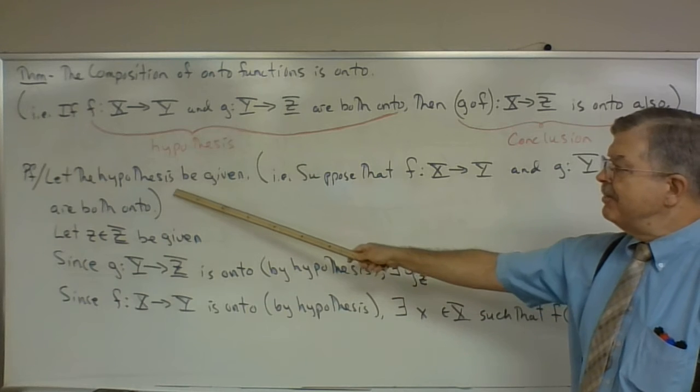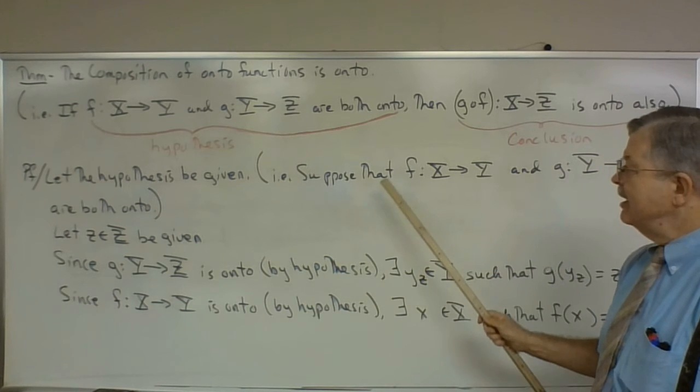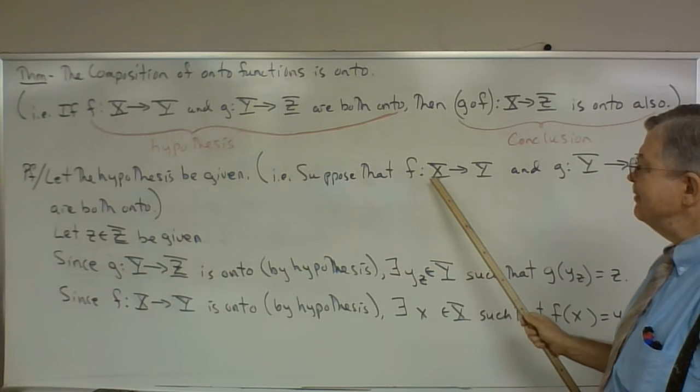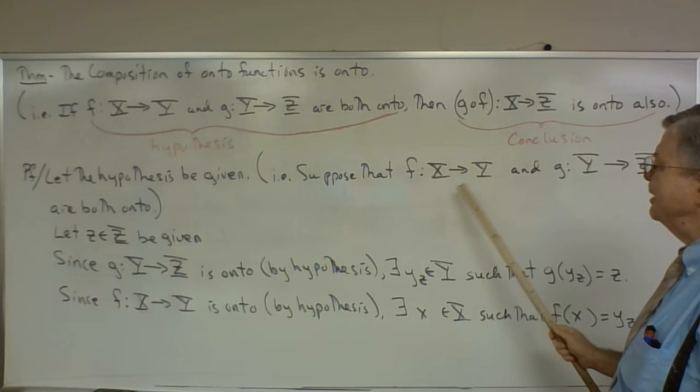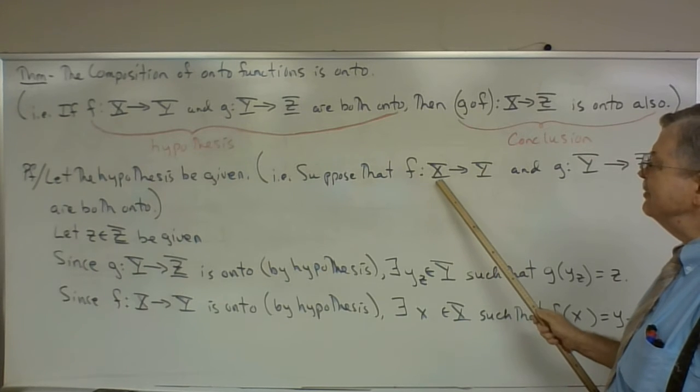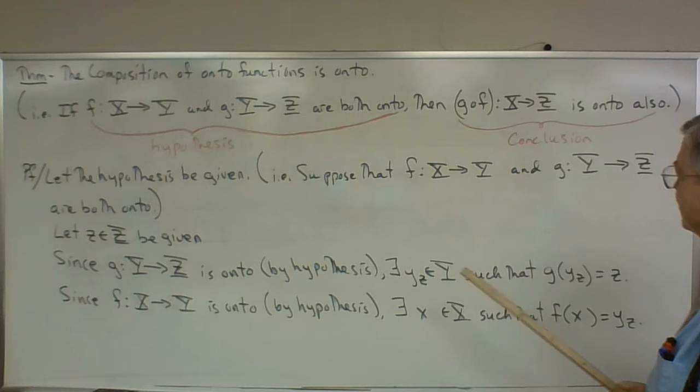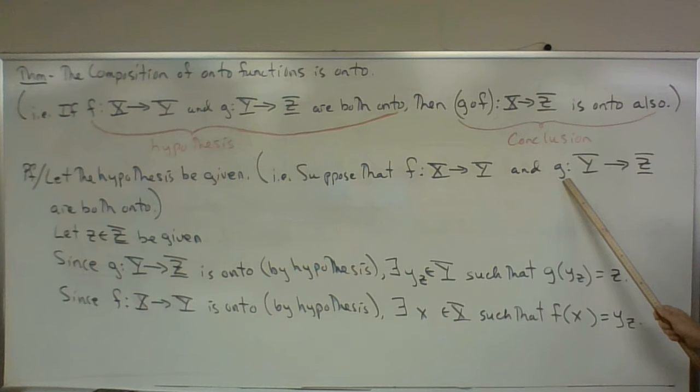So we let the hypothesis be given. We suppose that the function f from set X to set Y is onto, and we suppose that g from set Y to set Z is onto.